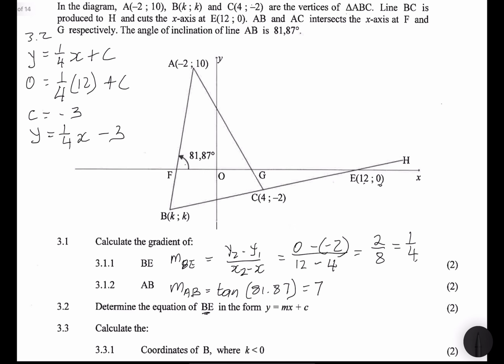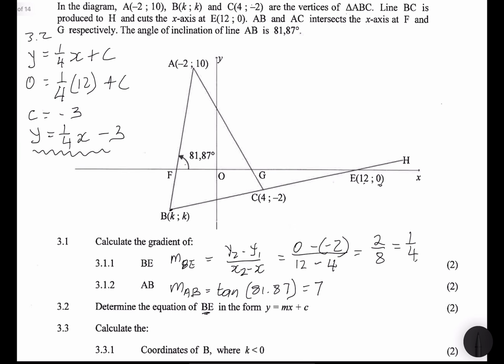The next one says calculate the coordinates of B where K is less than 0. Note that B is on the line BE, so we can use the equation that we have just obtained for BE.